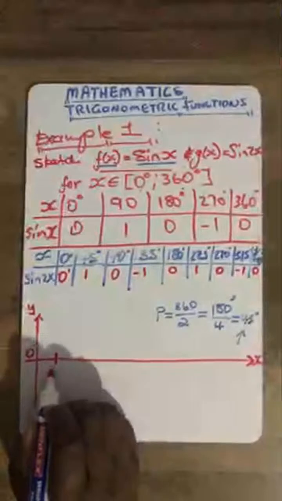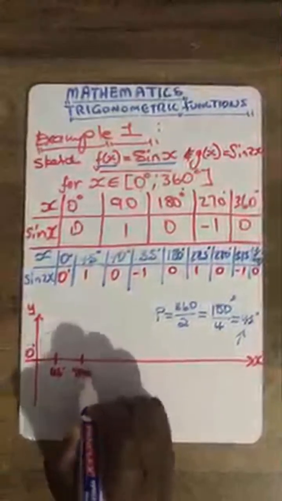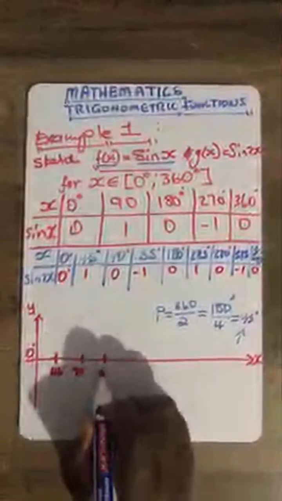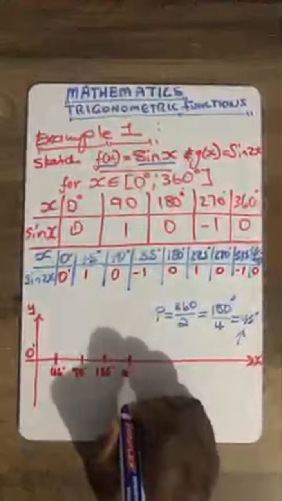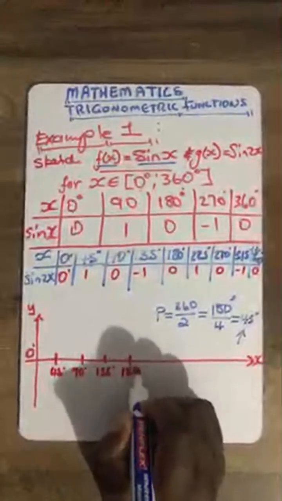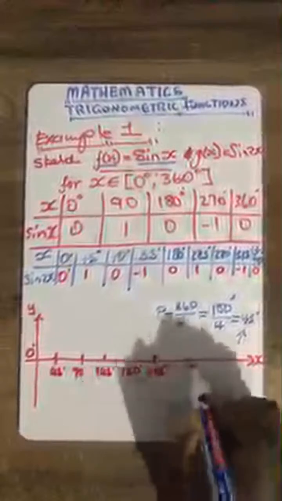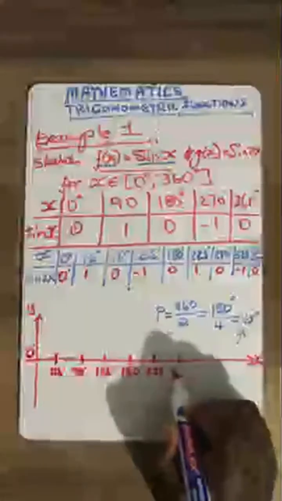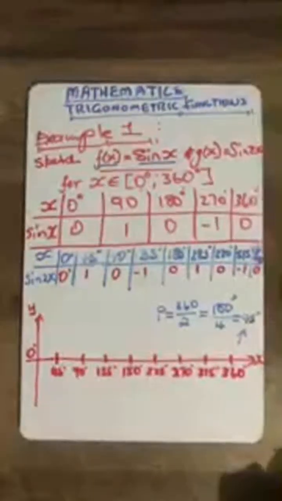So that you have your 45 there, and then you've got your 90 there, and then you have your 135 there, then you have 180 degrees there, and then you have 225 there, and then you have a 270 there, and then you have 315 degrees there, and lastly you've got your 360 degrees there.